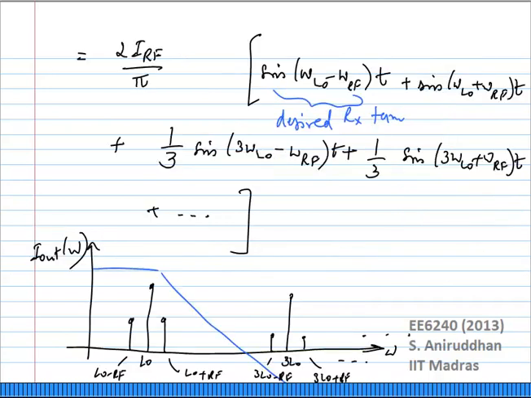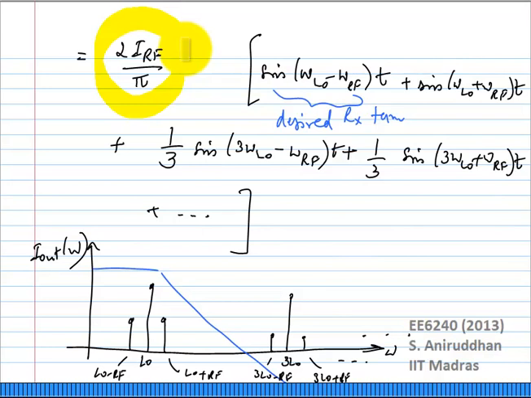And finally we took the desired receive term in this case, and we said that for the single balance mixer, the conversion gain is 2 IRF by pi with respect to the current. Right?